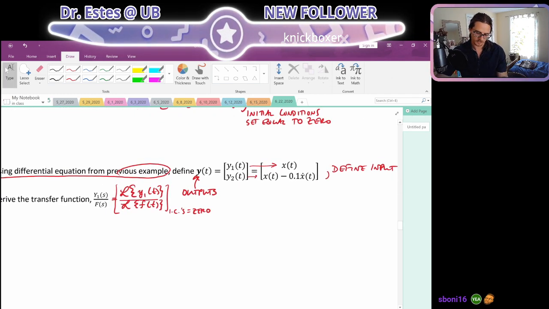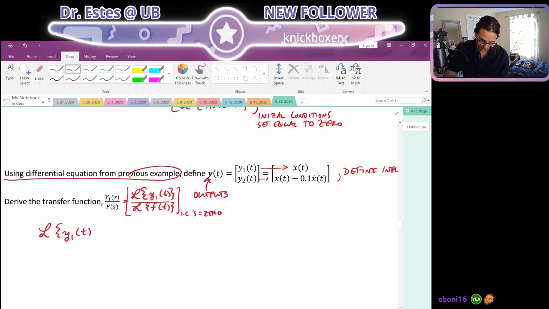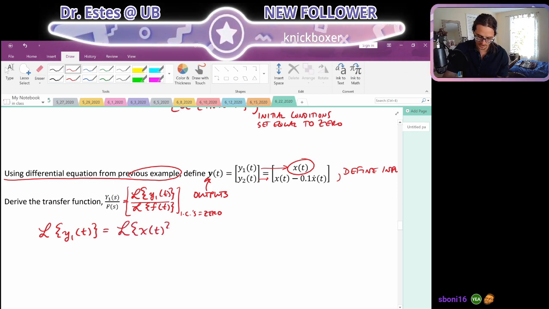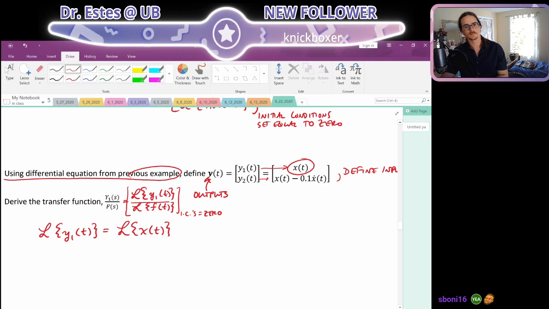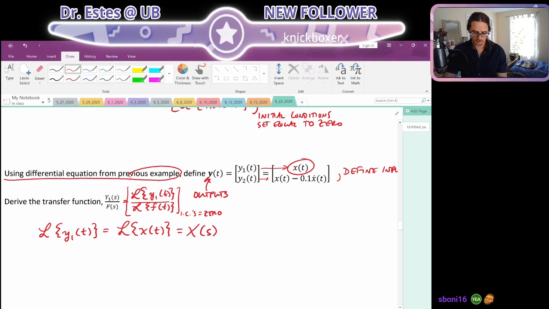Okay, so the way I'm going to do this is first we're going to start with the Laplace transform of our output. Looking at this definition I gave over here on the right, that's going to be the Laplace transform of x of t, and so that is equal to x of s.